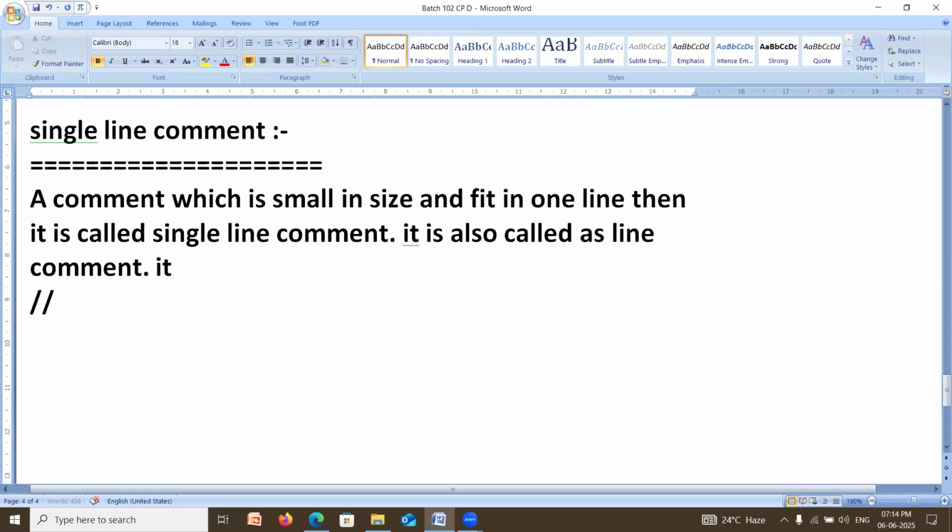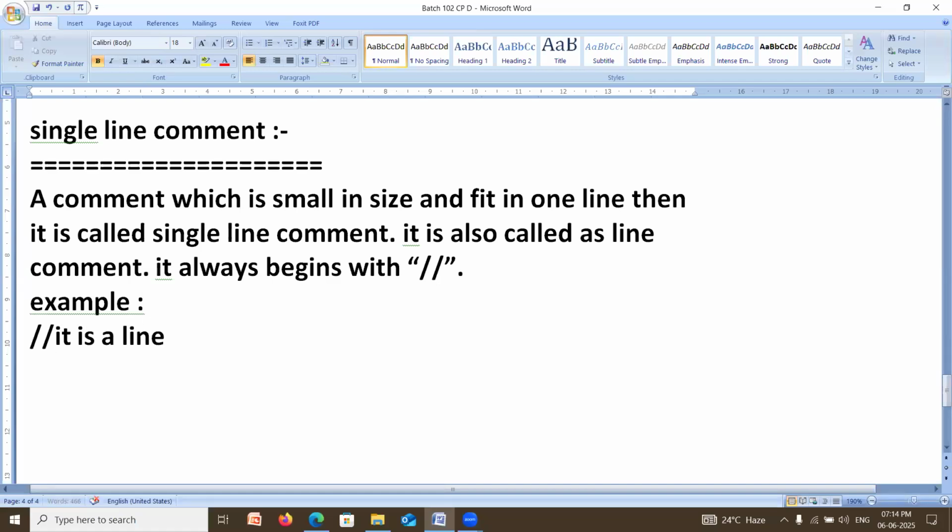So single line comment always begins with //. Example, it is a line comment. It is very small. It fits in one line. So it is a single line comment.